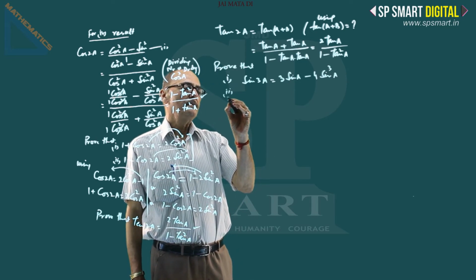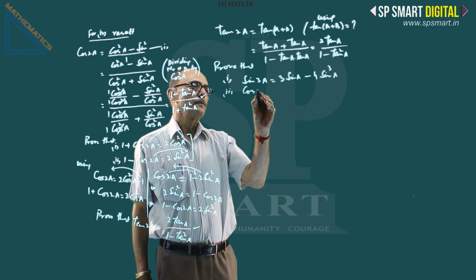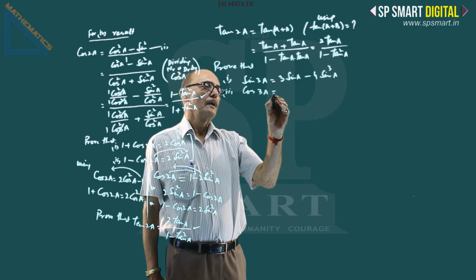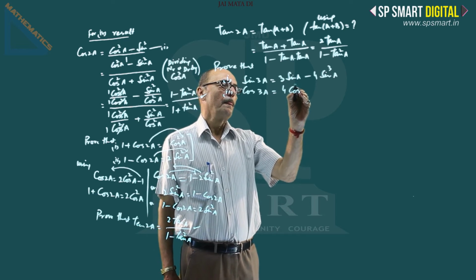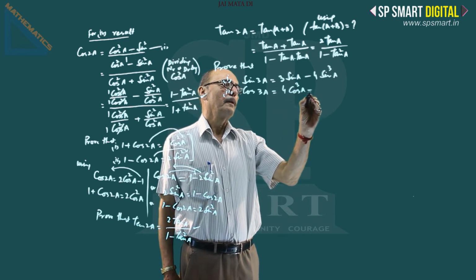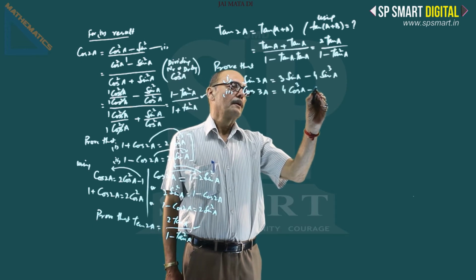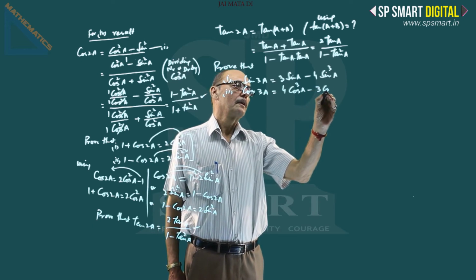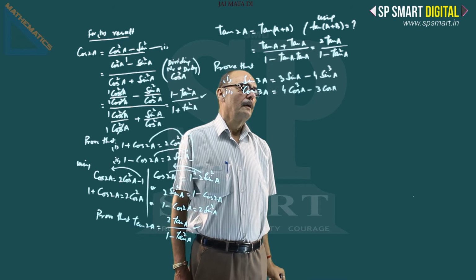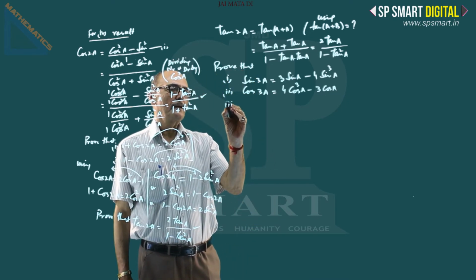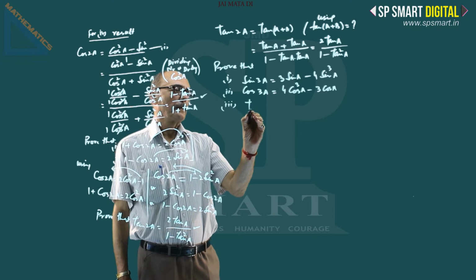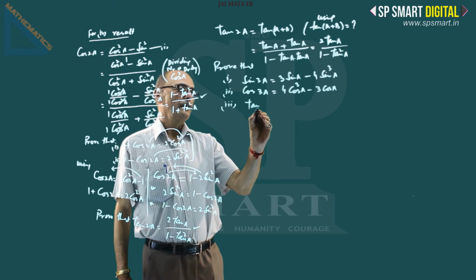Second formula is cos of 3A equal to 4 cos cube A minus 3 cos A. And then we have third formula in this, tan of 3A.